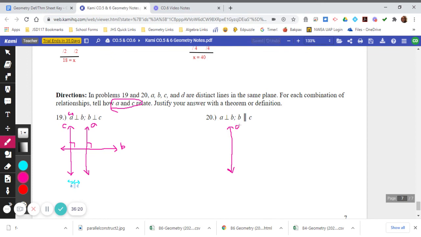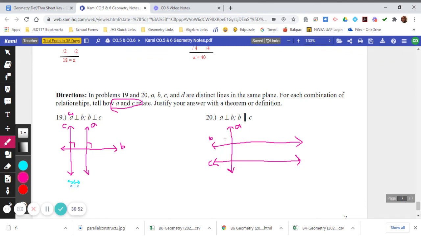That was not a very good A. A is perpendicular to B. And these sketches are just to help me get to my answer, so I don't necessarily have to be too perfect with these. And then I have B and C are parallel, so I'm drawing those in the same direction.